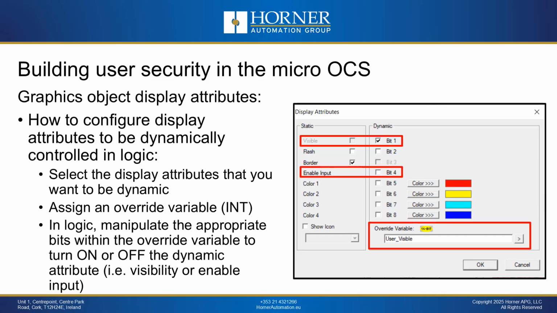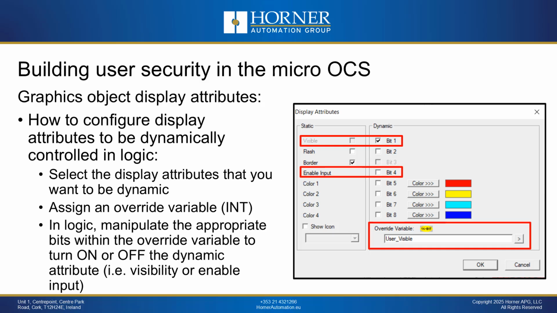Now the way you do this is first by going into the attributes section of the dialog box and selecting the specific attributes that you want to make dynamic. In our example here, we have checked the visibility attribute by making it dynamic, and we have not checked the enable input attribute to make it dynamic for this particular object, but you could do either of those or both.